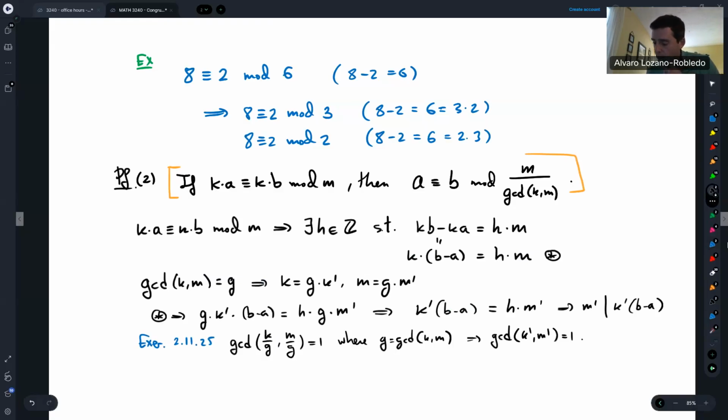But you see, we have two conditions here that are familiar. M prime divides this product, and M prime and K prime are relatively prime.